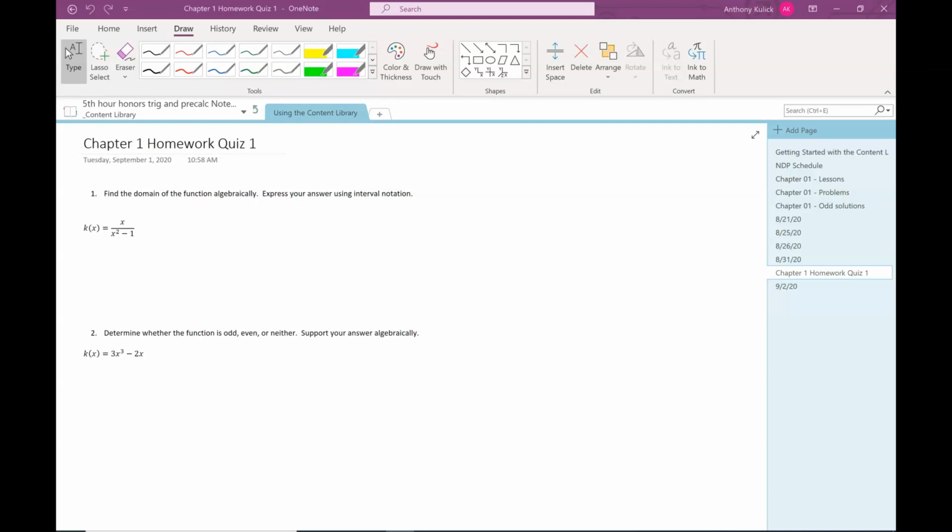I'm going to make a Dropbox for you to turn this into. Well, if you do that, you're going to have to take a picture and then drop it into your OneNote and publish it as a PDF, but you're welcome to do that.